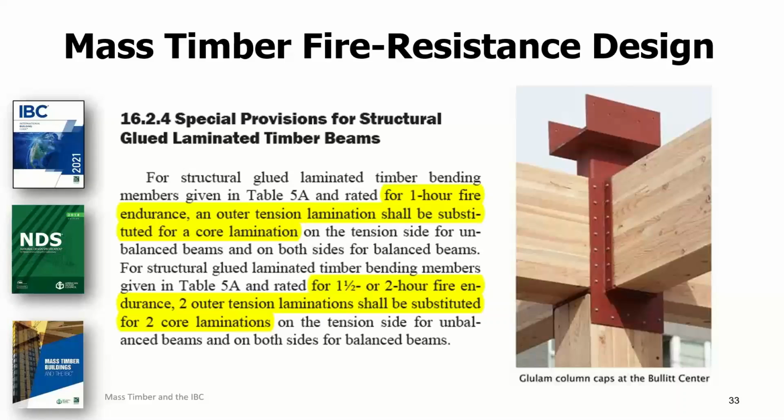This is a detailing provision that requires communication and coordination between those responsible for the fire resistance design and those who are responsible for the structural design. On this slide, you can see an excerpt from NDS section 16.2.4. The provisions requiring this lamination substitution are highlighted here.